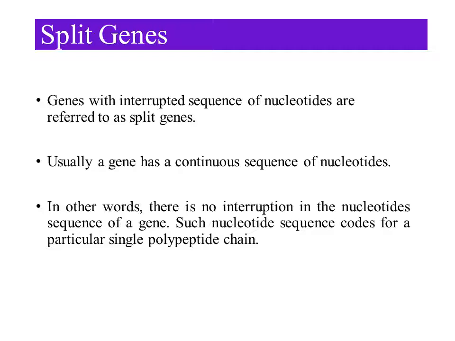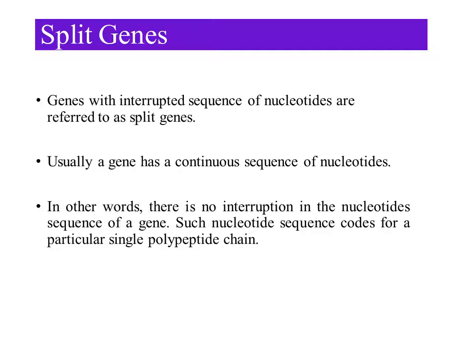The next concept in your topic is split genes. The genes which are interrupted by intervening sequences or introns are called split genes. Usually genes contain a continuous sequence of nucleotides, and among those nucleotides some will be coding for amino acids and some will not be coding for amino acids.